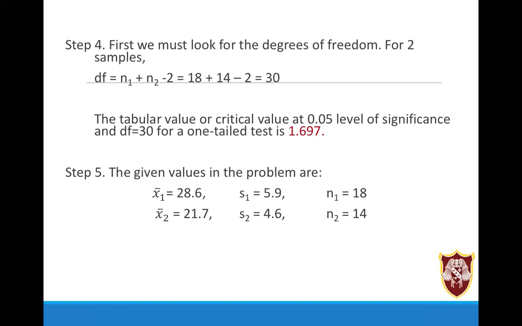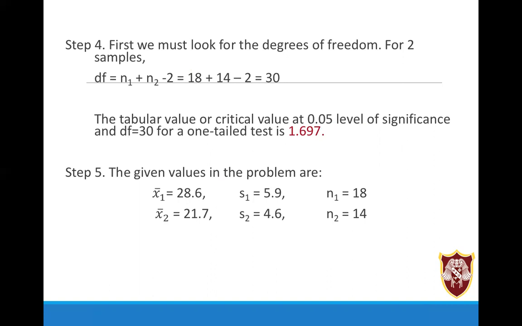And then from the given problem, the values that are specified are the two means. X bar sub 1 is 28.6 and X bar sub 2 is 21.7. The standard deviation of the first sample is 5.9. The standard deviation of the second sample is 4.6. So based on our previous discussion, we know that the standard deviation is a measure of variability.